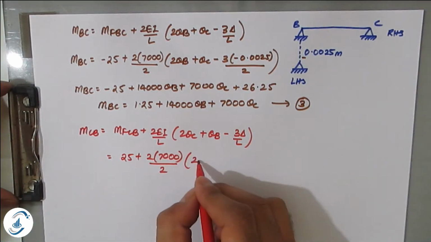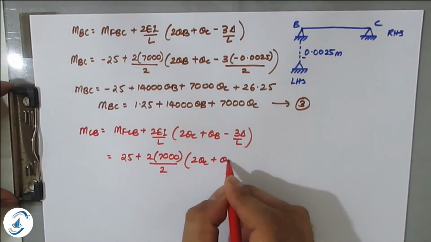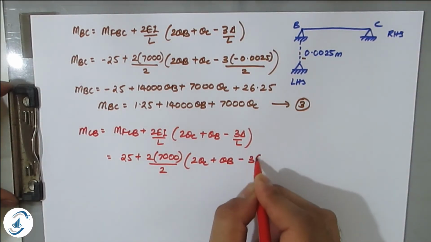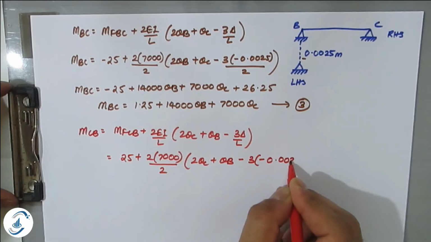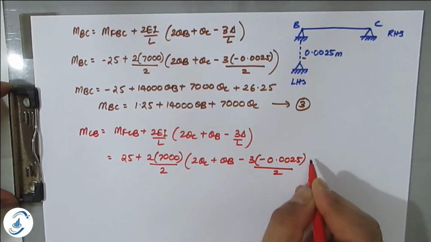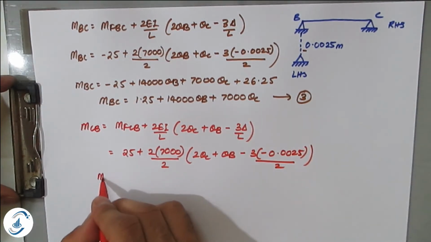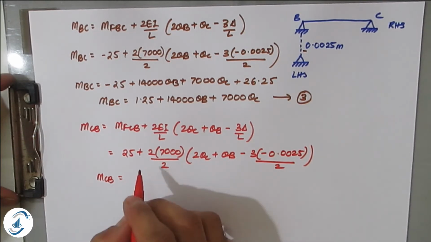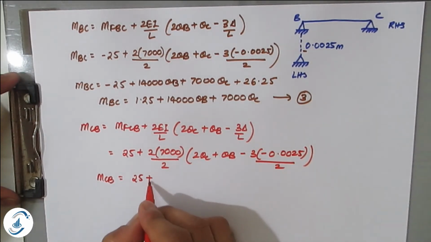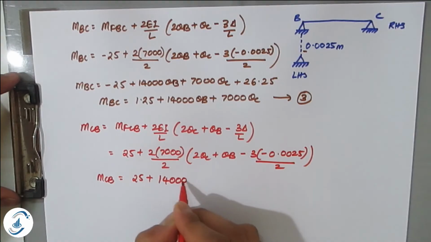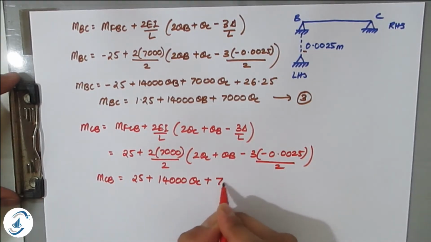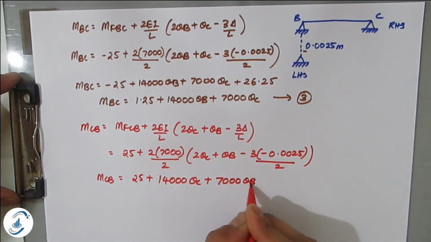So now 2 times theta C plus theta B minus 3 into minus 0.0025 divided by 2. So MCB is 25 plus 14,000 theta C plus 7,000 theta B plus 26.25.